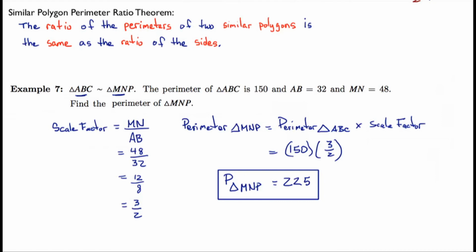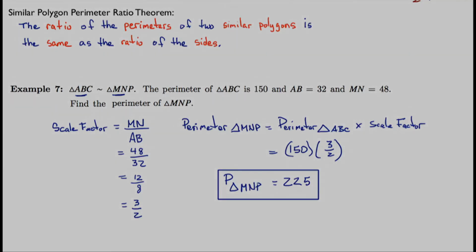So we know that triangle MNP is the larger triangle because MN is 48 and AB is 32. So when we multiply 150, we have to multiply it times 3 over 2, not 2 over 3, because that would give us a smaller perimeter, and this one's going to be bigger. Okay, so I hope that makes sense.